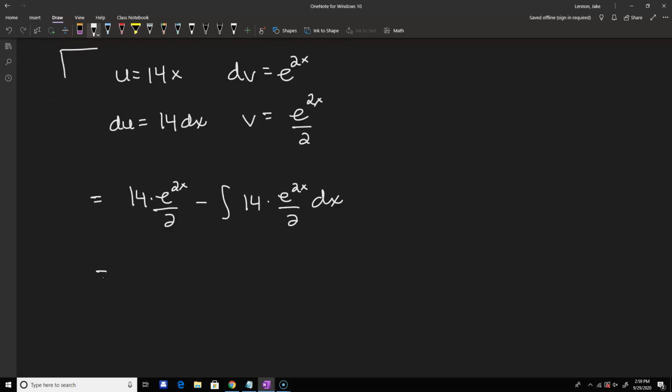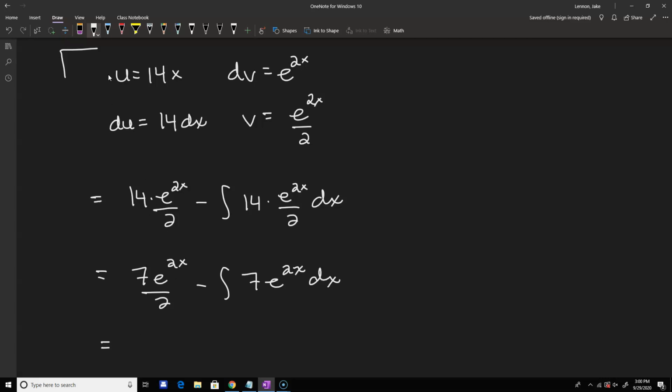So then this simplifies to 7 e to the 2x over 2 minus the integral of 7 e to the 2x. And then the thing that we have left over, 7 e to the 2x, is just one of our simple integrals that can be done using one of the basic integration formulas.